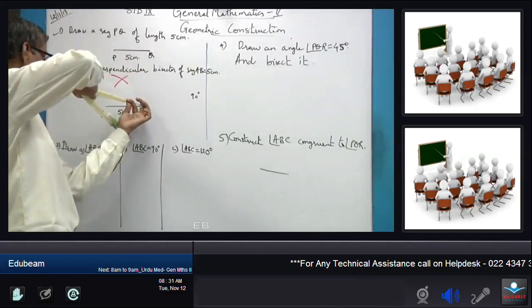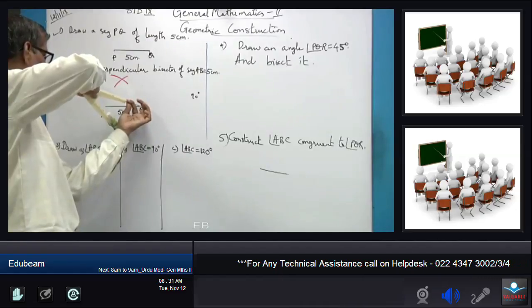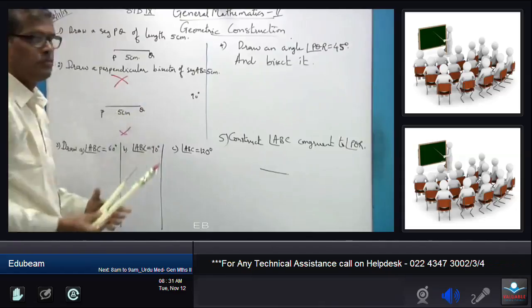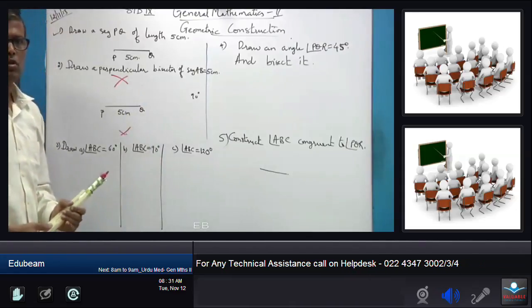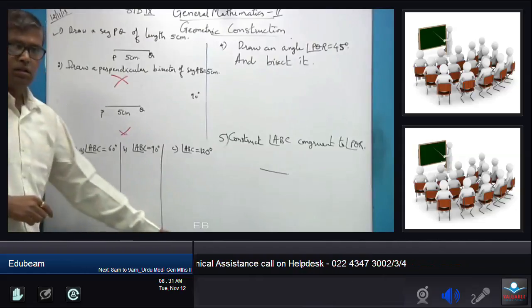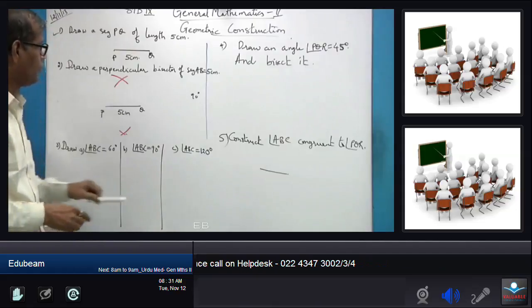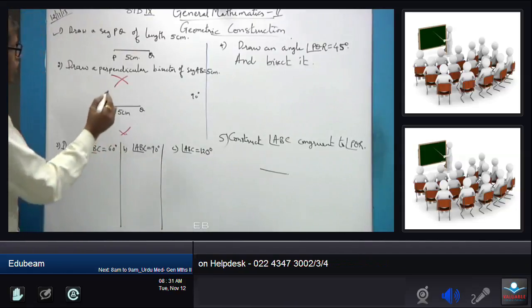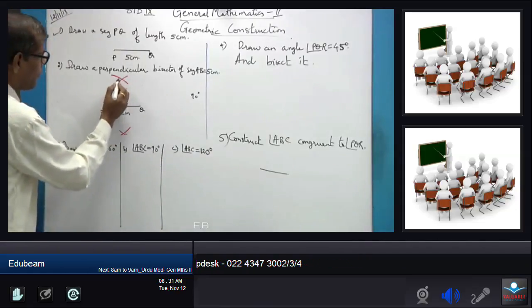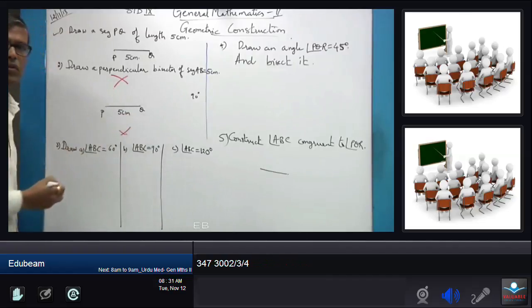Draw angle ABC, 60 degrees. Angle ABC, so B is in the center. So this is your point B, and you have to draw a line or a ray.